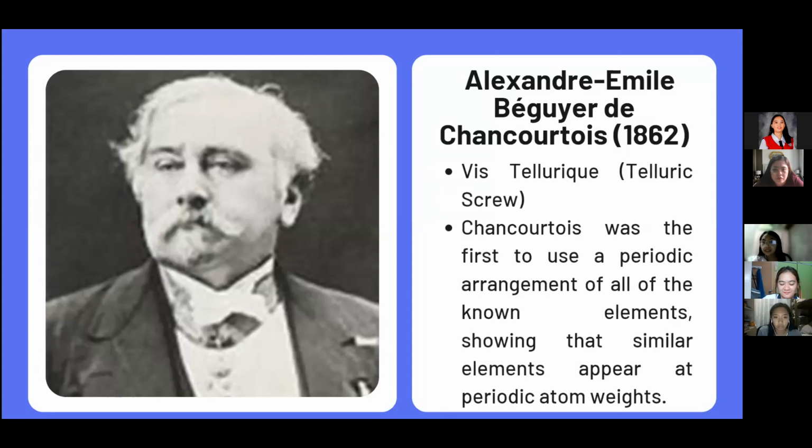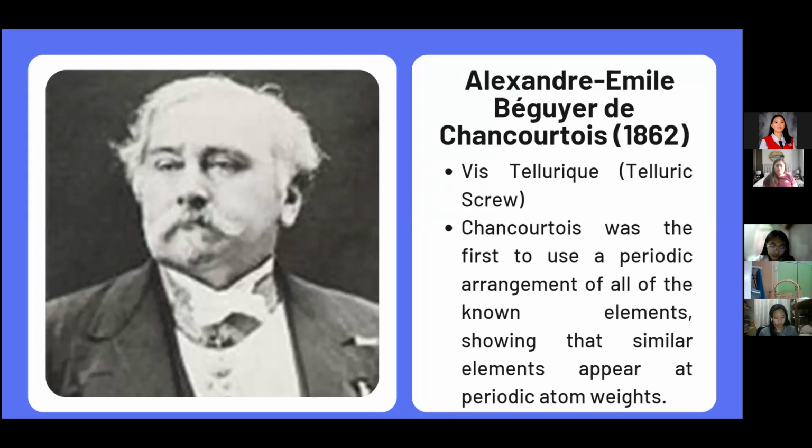So next is si Alexandre-Émile Béguyer de Chancourtois. So during 1862, he established the vis tellurique or telluric screw. So this telluric screw is a 3-dimensional arrangement of elements constituting an early form of periodic classification.